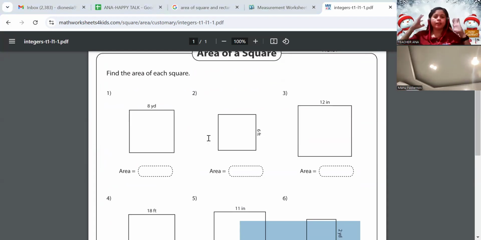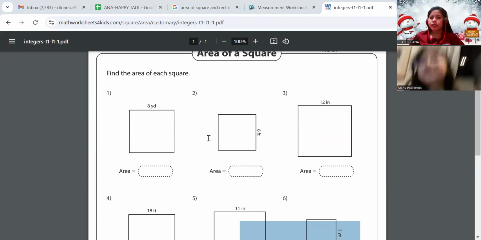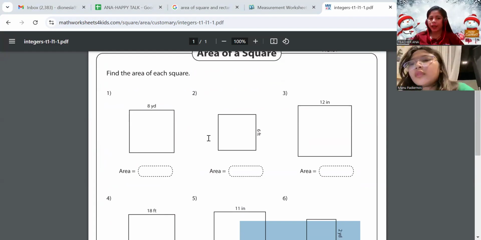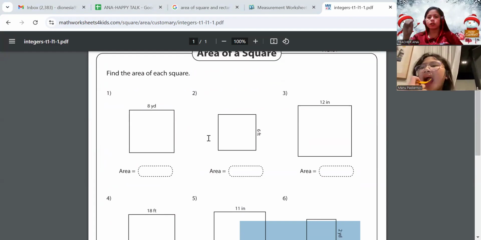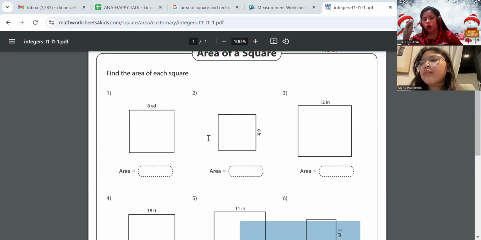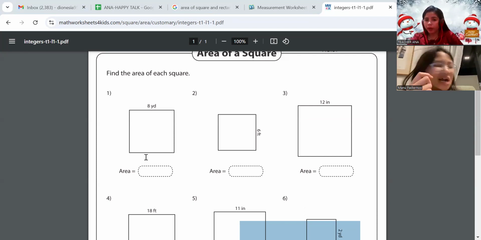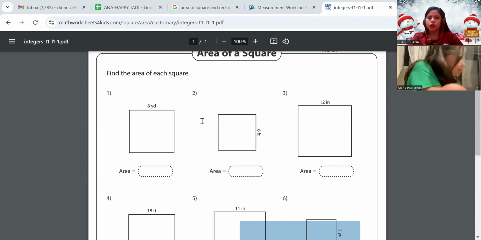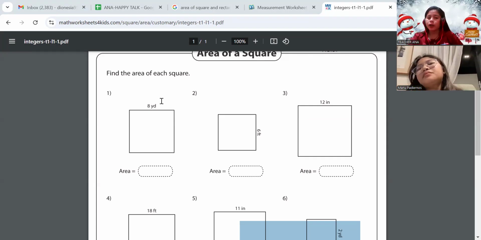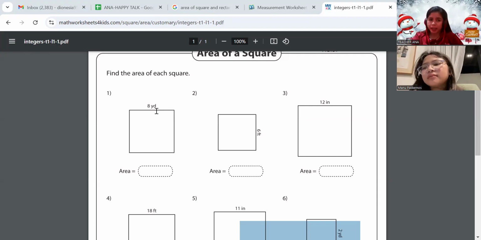Yes. Okay, so number one, the area of a square. So how do we find the area of the square? For number one, we have 8 yards. The square has one measurement only, because the measure of the length and width of a square is just the same.